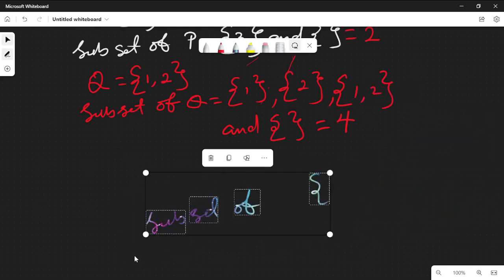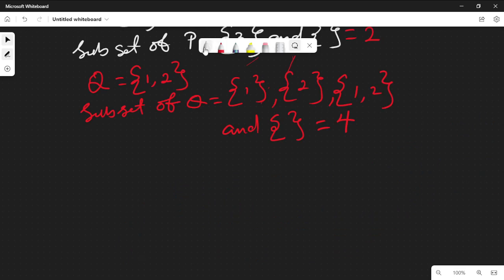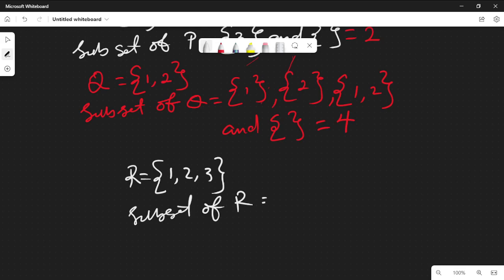Alright, so well, let's say I have a set R which is equal to 1, 2, 3, and I'm looking for its subsets. So the subsets of R are going to be what?